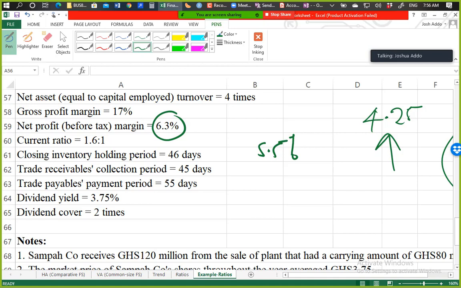So net profit margin is net profit, that's the final profit, that's the bottom line, divided by sales revenue times 100%. Then you pick that metric and you look at it in terms of its absolute value.